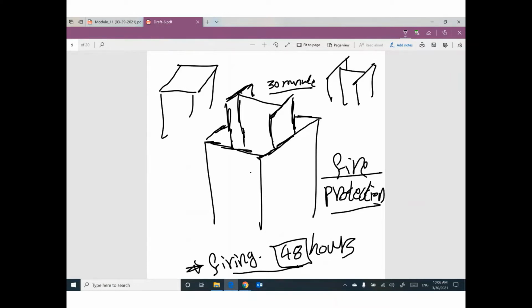However, if you have a steel structure only, 30 minutes, 45 minutes maximum, because steel is very sensitive to fire. So if you put the steel column embedded in concrete, you are doing fire protection for the steel column.